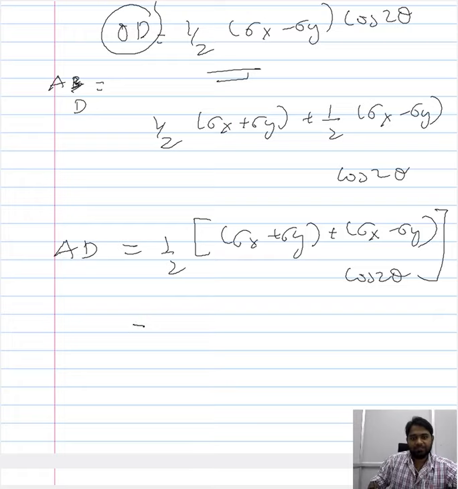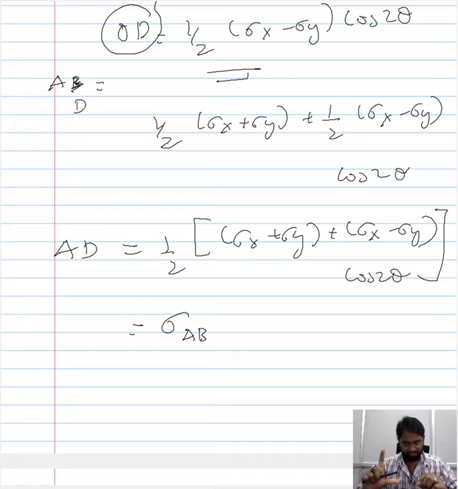Now this expression is nothing but the normal stress experienced by an inclined region of interest within a 3-dimensional plate that is experiencing biaxial loading. So we have essentially arrived at an expression for the normal stress experienced by a region of interest within a 3-dimensional plate under biaxial loading by virtue of a graphical representation.